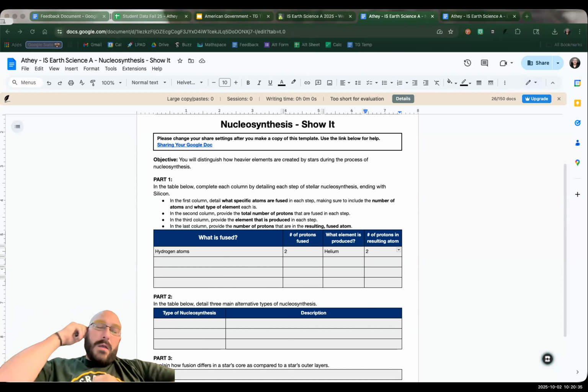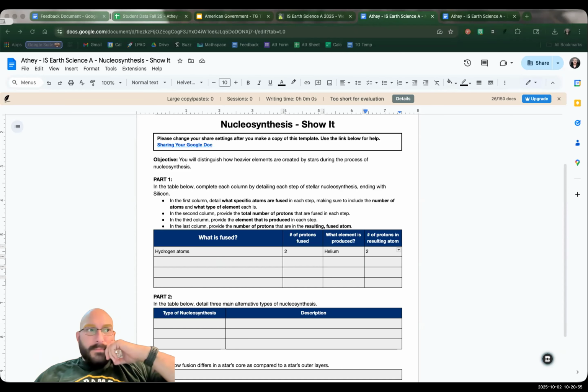It pulls everything in until the pressure, the energy and the heat inside the core get so big that it starts to smash together the bigger atoms, the helium atoms.